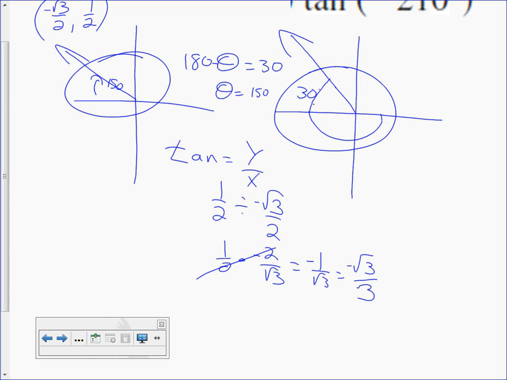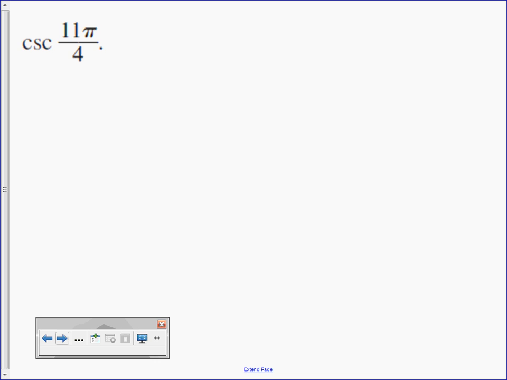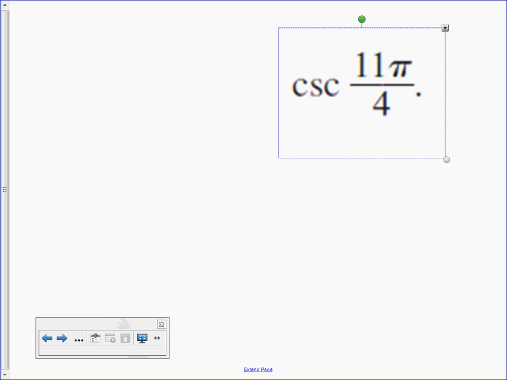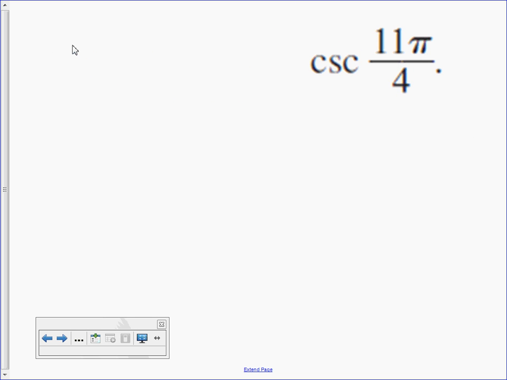Okay? Let's try another one. Cosecant of 11 pi over 4. I want to figure out what the cosecant of 11 pi over 4 is. Well, let's figure out where 11 pi over 4 is first. What's 11 divided by 4?